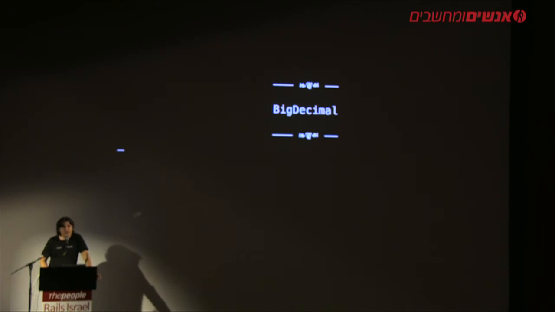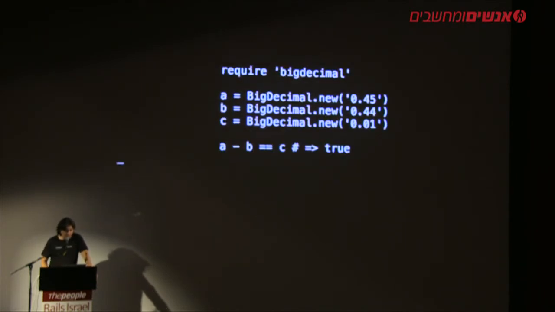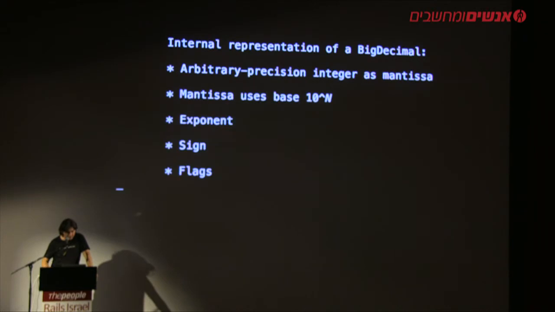The first thing you think of is BigDecimal. Many of you have used BigDecimal for these kinds of things. In BigDecimal, the subtraction we did before works. That's the big deal with BigDecimal.